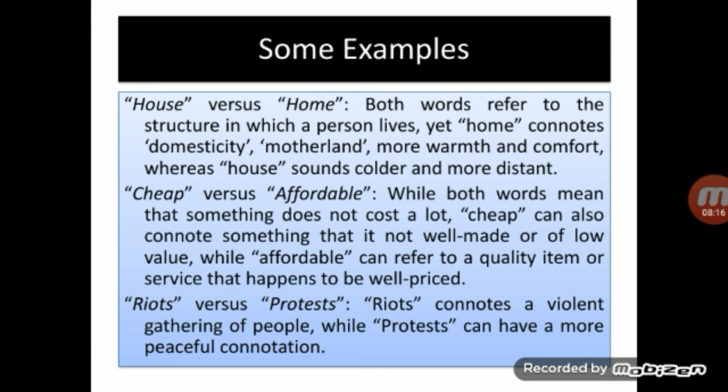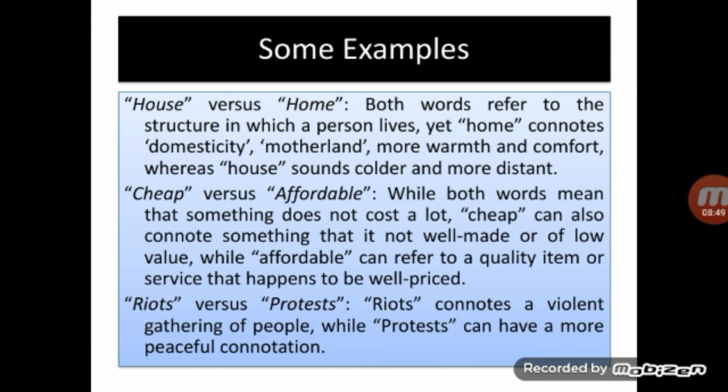Some examples relating to connotation and denotation are taken here. House and home. Both words refer to the structure in which a person lives. Home connotes domesticity, motherland, warmth and comfort, whereas house sounds colder and more distant.